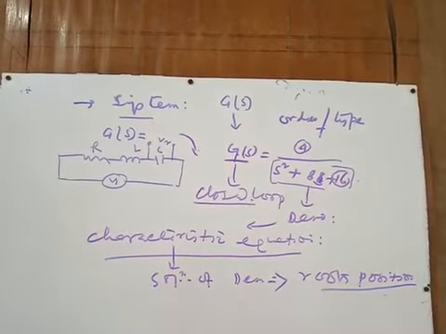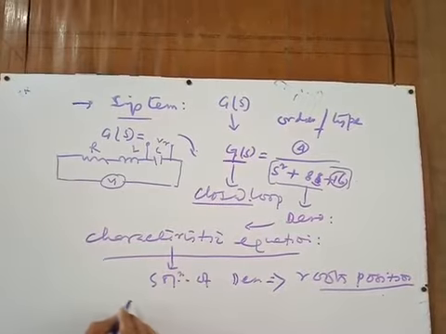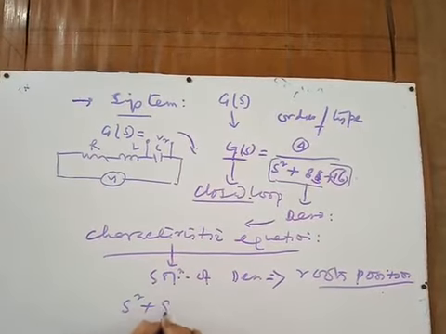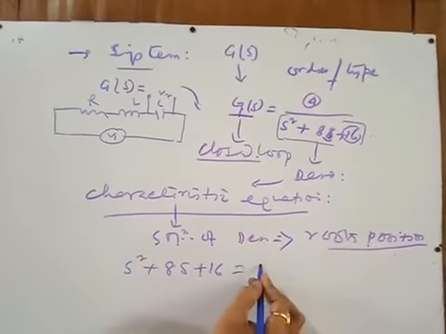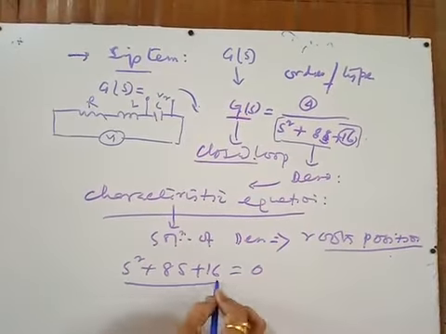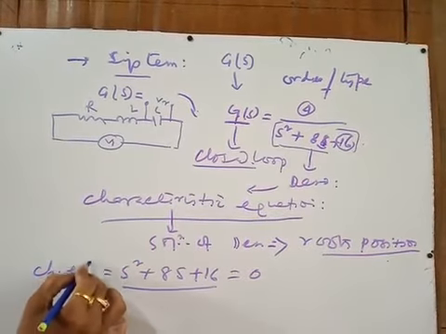Roots position means what? Say for example, take this transfer function. The denominator is s squared plus 8s plus 16 equal to 0. If you make this denominator equal to 0, this is known as the characteristic equation.